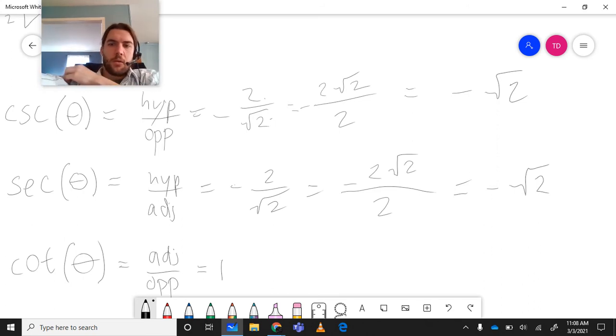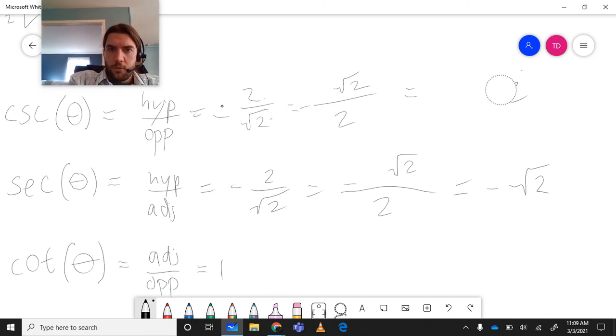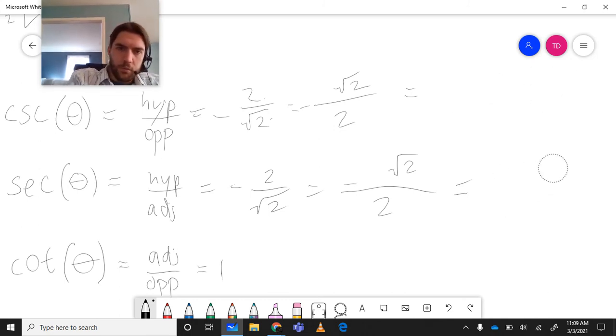Now, the reason, give me a second here and let's just pretend this worked out a little differently for my example. So I'm going to get rid of this and I'm just going to compare root 2 over 2 to 2 over root 2. I'm going to talk about why one of those is better to have as an answer than the other. I'm also going to get rid of these negative signs.